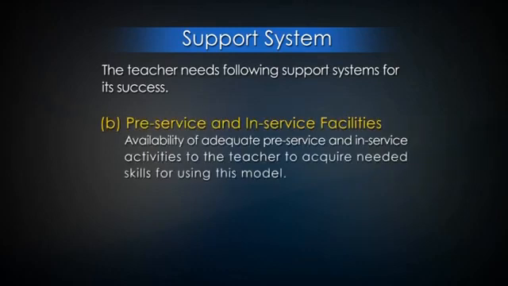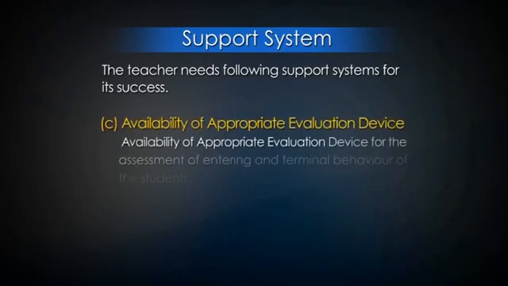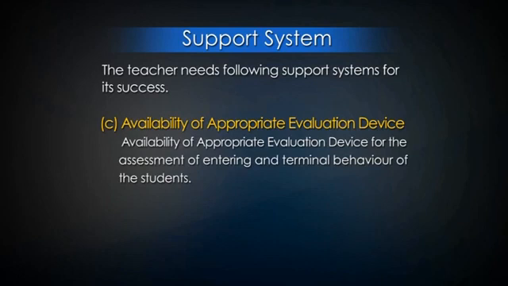B. Pre-service and in-service facilities. Availability of adequate pre-service and in-service activities for the teacher to acquire needed skills for using this model. C. Availability of appropriate evaluation devices for the assessment of entering and terminal behavior of the students.